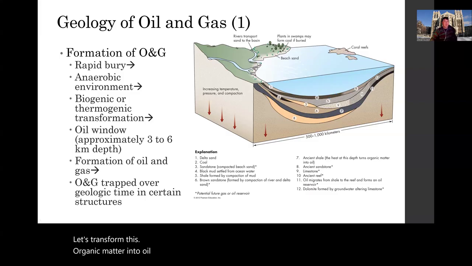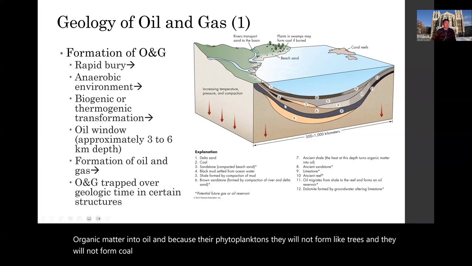Because they're phytoplankton, they will not form coal like trees do. Instead, they will form oil or natural gas. With time, they become trapped in some locations over a long time.